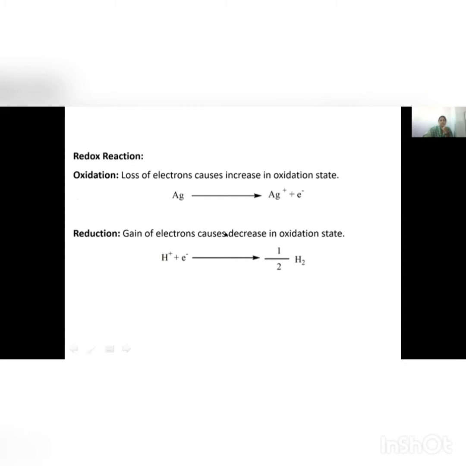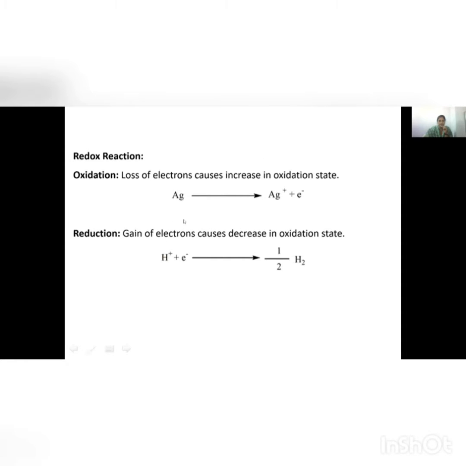So what are redox reactions? Redox reactions involve both oxidation and reduction. Loss of electrons is called oxidation. Here I'm taking Ag, which dissociates into Ag+ and an electron. It means it loses one electron, so oxidation takes place.